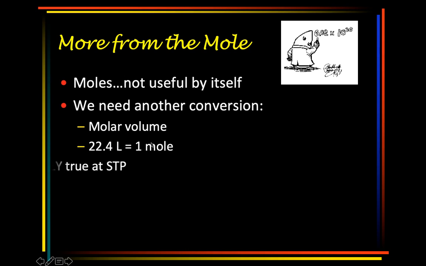But that's only true if you're talking about a gas at standard temperature and pressure. So if you're like, well, wait a second, how am I going to know it's at STP? It will have to be given to you in the problem. If it doesn't say STP, you can't use molar volume. You maybe would have to use density, which has volume and grams in it. But if it is at STP, you can use this very specific conversion.